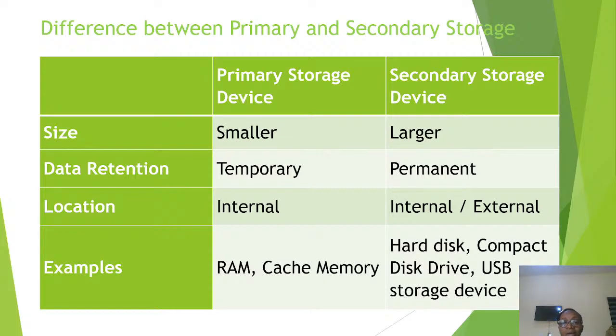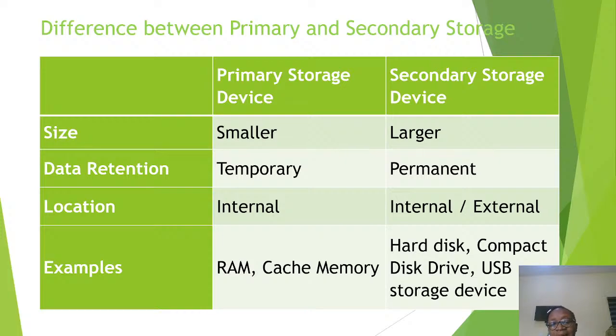For size, primary storage is smaller, secondary storage is larger. For data retention, primary is temporary, secondary is permanent. For location, primary storage is normally internal, stored in the casing, while secondary storage can be internal or external, like the hard disk, which is internal and normally kept inside the casing.